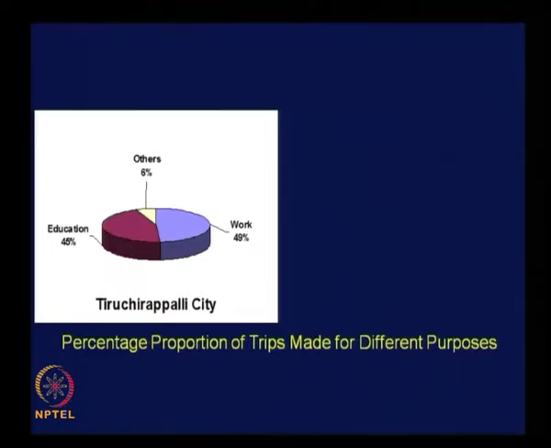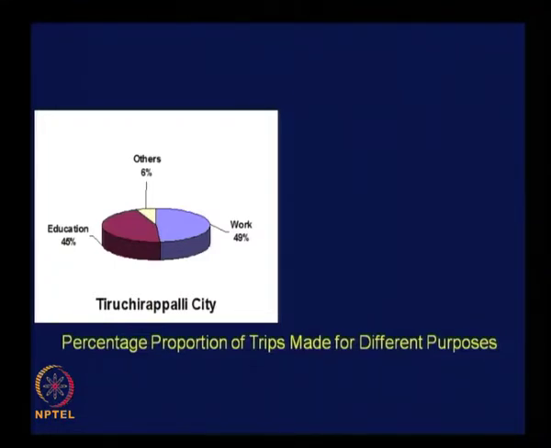You can see that for work about 49% of the total trips are made only for work. Education 45% of the total, and for all other purposes, which includes shopping, recreation, personal business and so on, altogether only 6%. It is a very interesting extreme case.